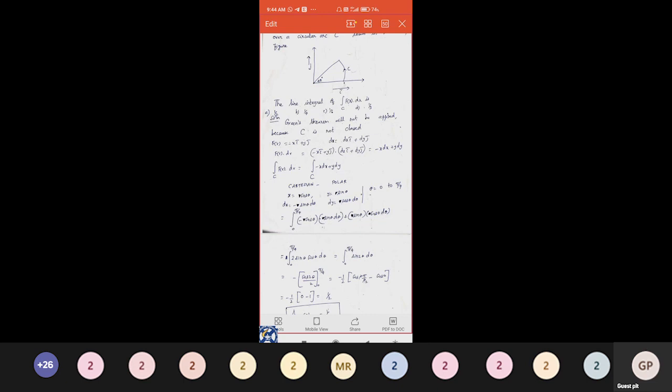Now let us substitute the x value, y value, dx value, dy value, and the limits in the above integration. So the integration over C of minus x dx plus y dy becomes integration between 0 to pi by 4 of minus cos theta, since x is cos theta, into dx, which is minus sin theta d theta. Second term, plus y is sin theta, dy is cos theta d theta. Now let us simplify. The first term becomes plus cos theta sin theta d theta.